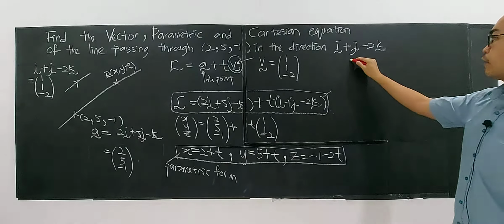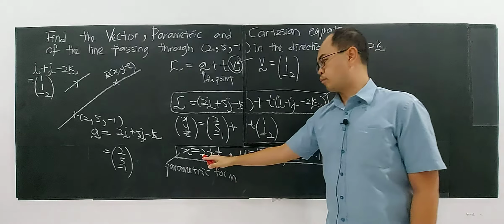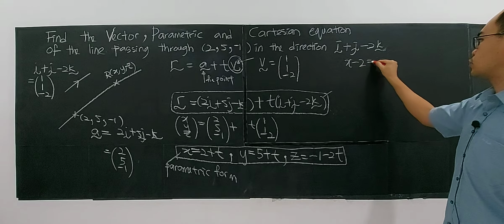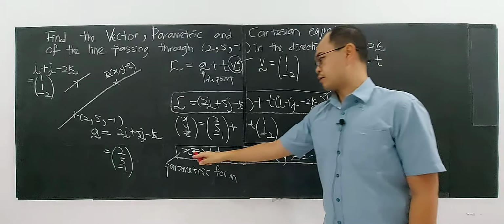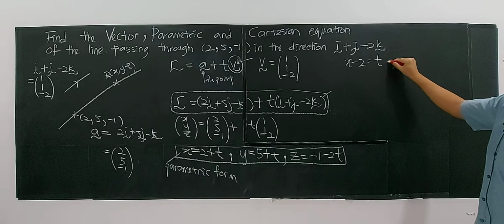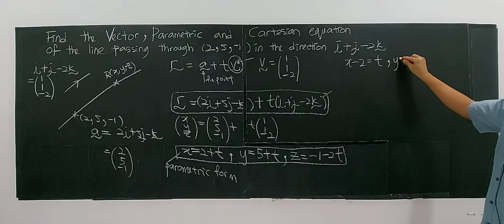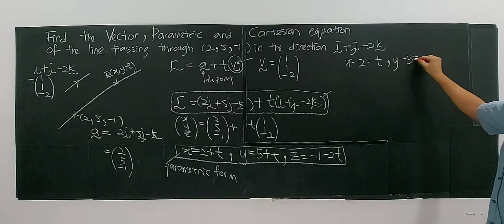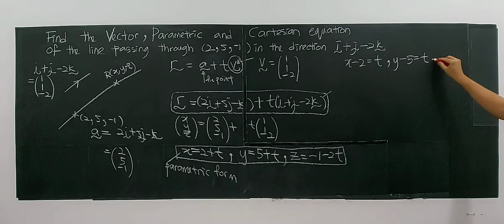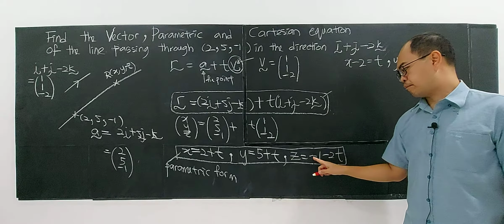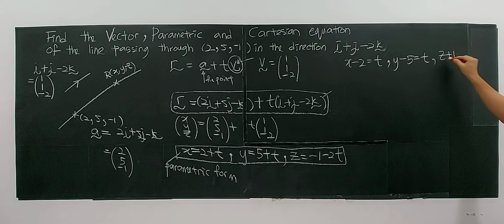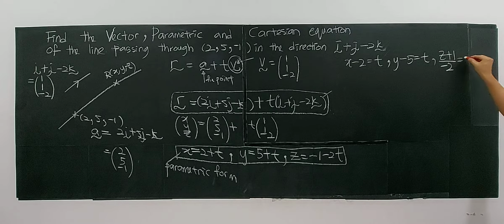Very simple: x equals 2 plus t can be rewritten as x minus 2 equals t. And y minus 5 equals t. And for z, z plus 1 over negative 2 equals t.